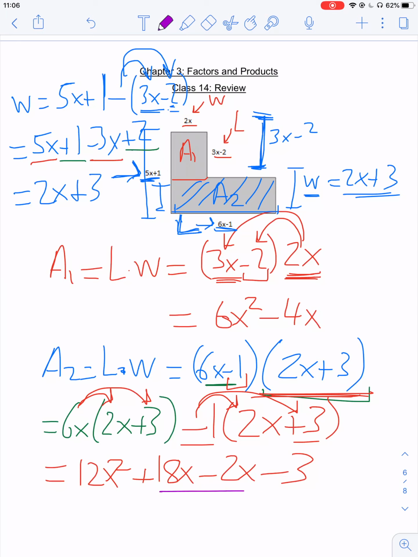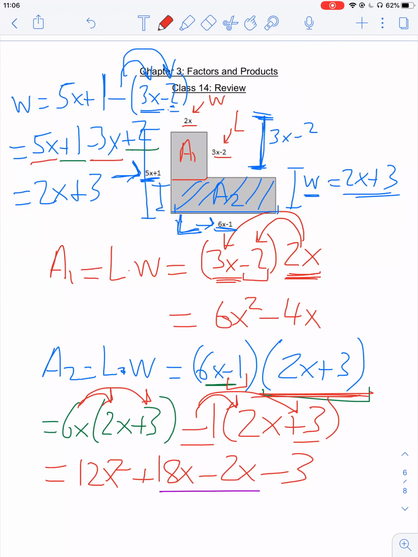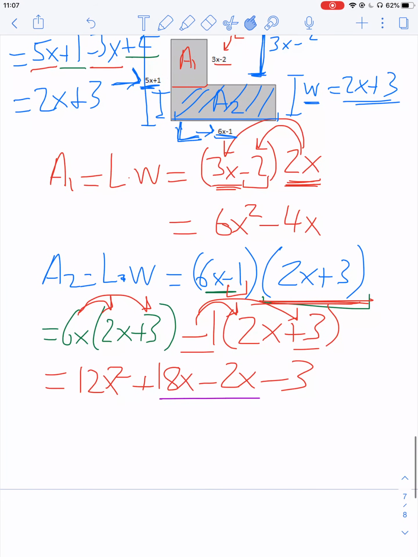So let's combine these together, and that will give me A2. So A2 is equal to 12x squared plus 16x minus 3.